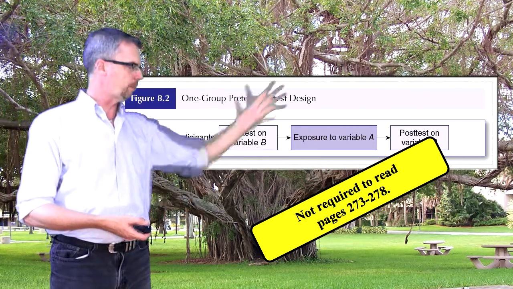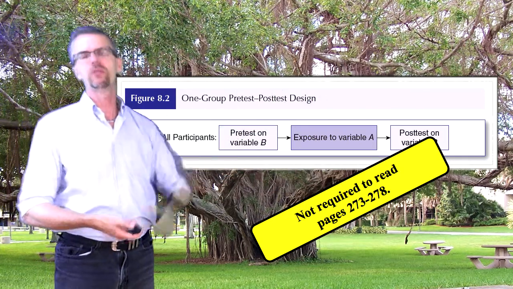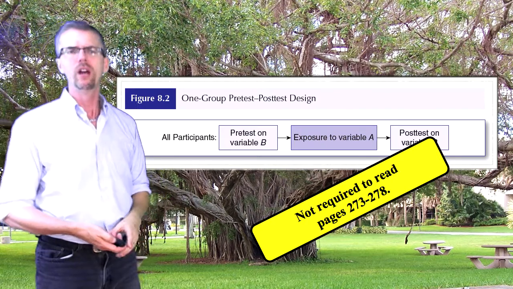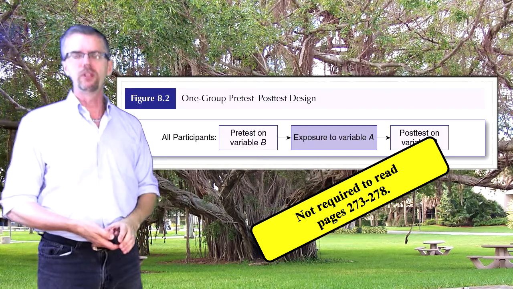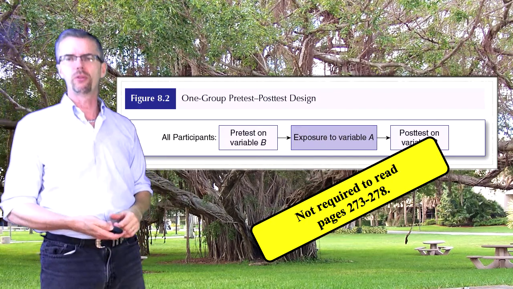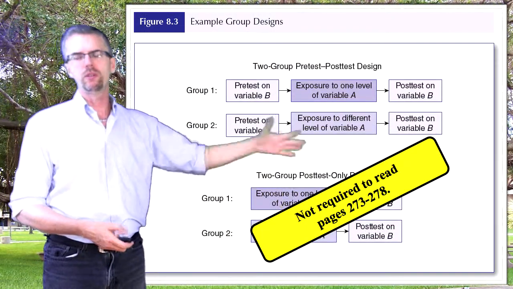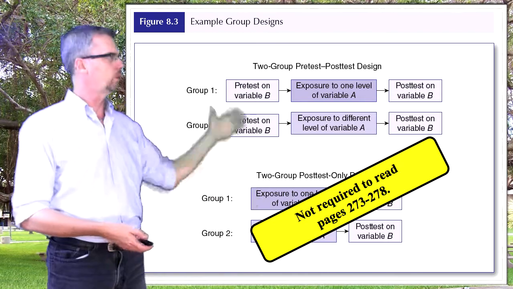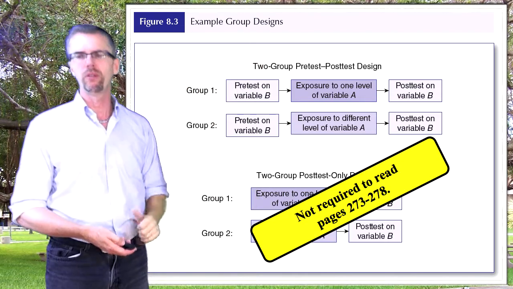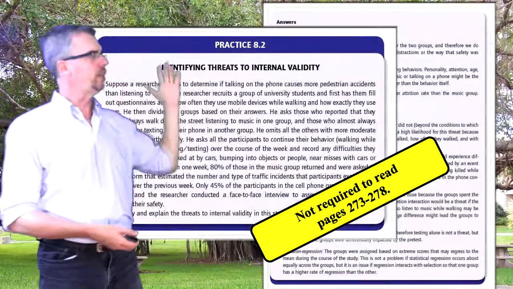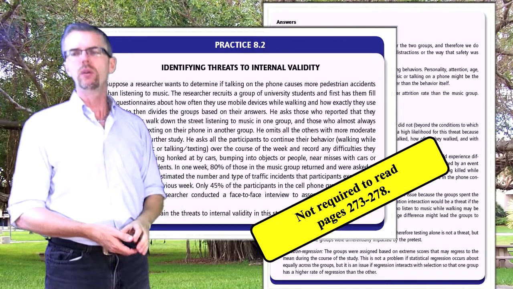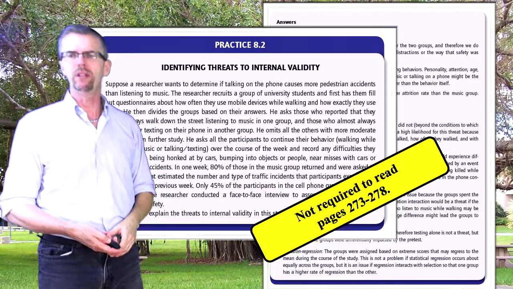These pages 273 to 278, those are 5 pages that you do not need to read for this course, but you may want to just look through them. Once again, this figure comes from pages 273 to 278, so don't spend any time on figure 8.3 or understanding it, and don't spend any time on practice 8.2 unless you want to for your own benefit.